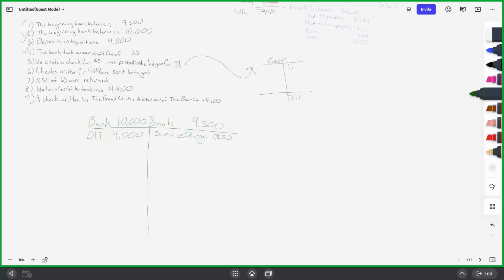So the big thing is you find the difference. So we know we have to take out 300 more. So are we adding or subtracting that in? Subtract, because we're crediting our cash balance. So we're just going to put this as book error.